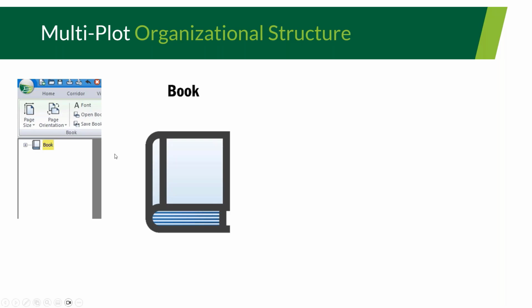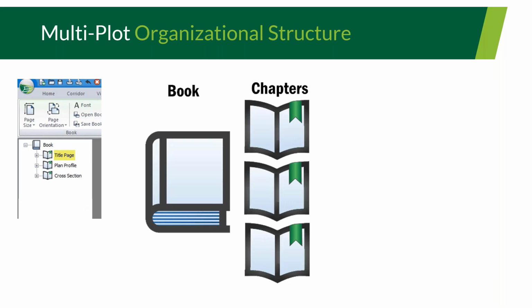So this is just a little preview of that view panel within multiplot, over here on the left-hand side. At the highest level, we call it our book. From within a book, you can have multiple different chapters, and each chapter represents its own page type.